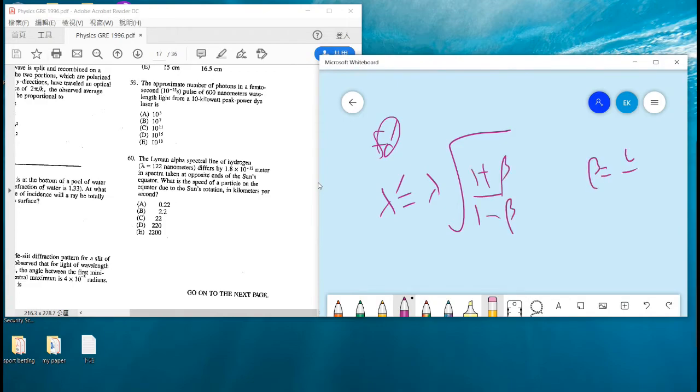This beta is V over C. So you can compute the delta lambda. I define this as lambda times the square root of 1 plus 2 beta, so this is close to lambda times beta, V over C.